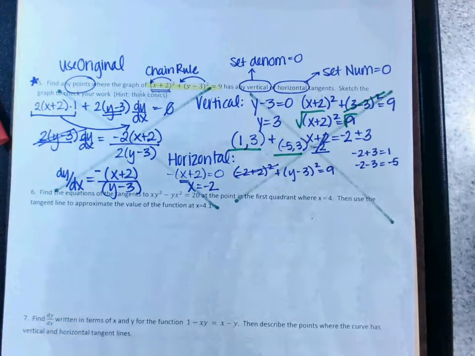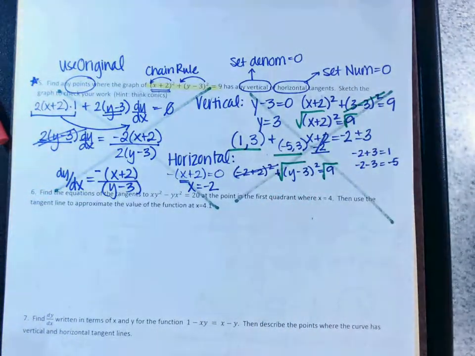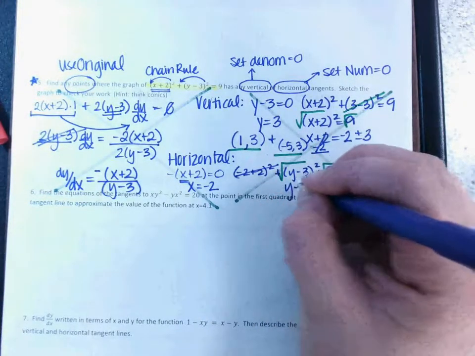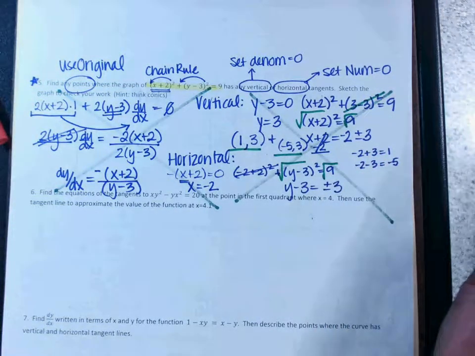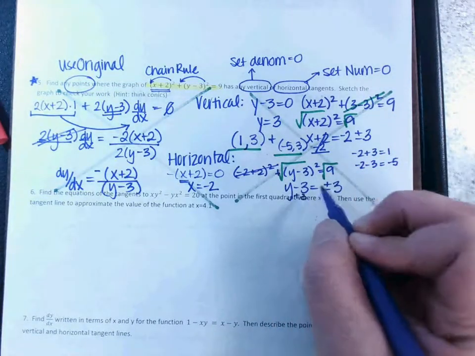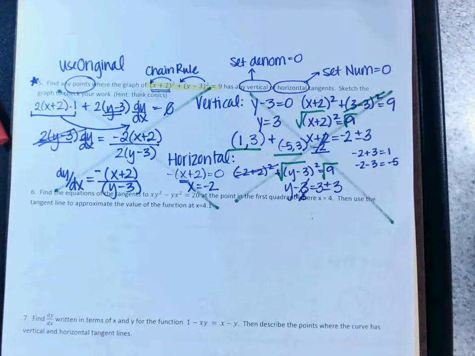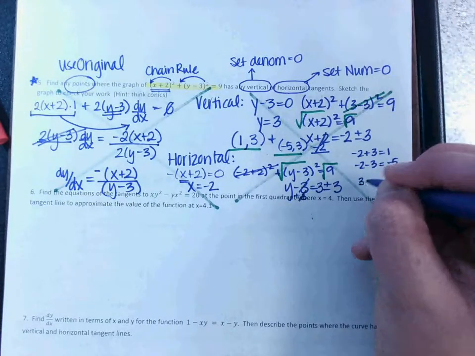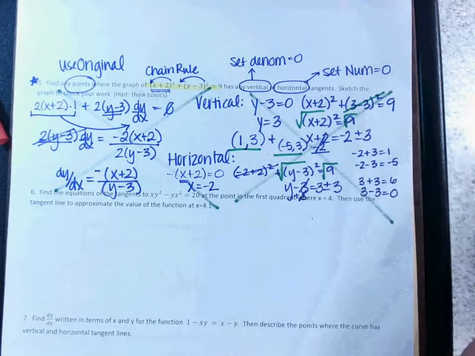And then I would square root both sides. I get y minus 3 equals plus or minus the square root of 9, which is 3. Then to get rid of this minus 3, I would add 3 and add 3. So 3 plus 3 is going to give me 6, and 3 minus 3 is going to give me 0.